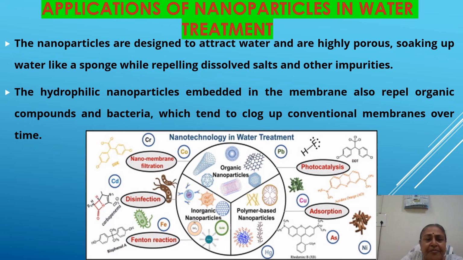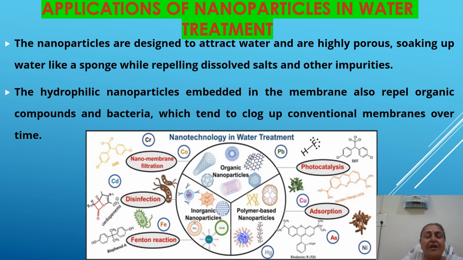Here, see friends, three water purification systems are there. One is organic nanoparticle based, another is inorganic nanoparticle based, and the third one is chemical nanoparticle based. But here, organic based means nanoparticles synthesized from marine algae. These nanoparticles are designed to attract water and are highly porous. They soak up the water like sponges and repel the dissolved salts and other impurities present in water.